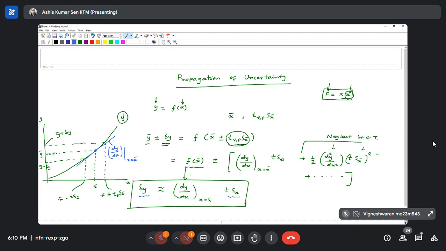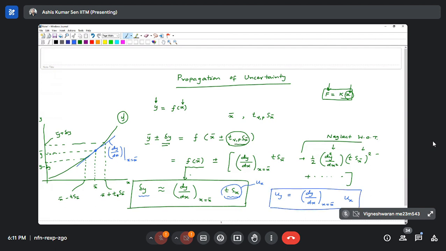Okay. So this delta y is basically the uncertainty in y. Uy is basically dy over dx at x equal to x mean into ux, the uncertainty in x.